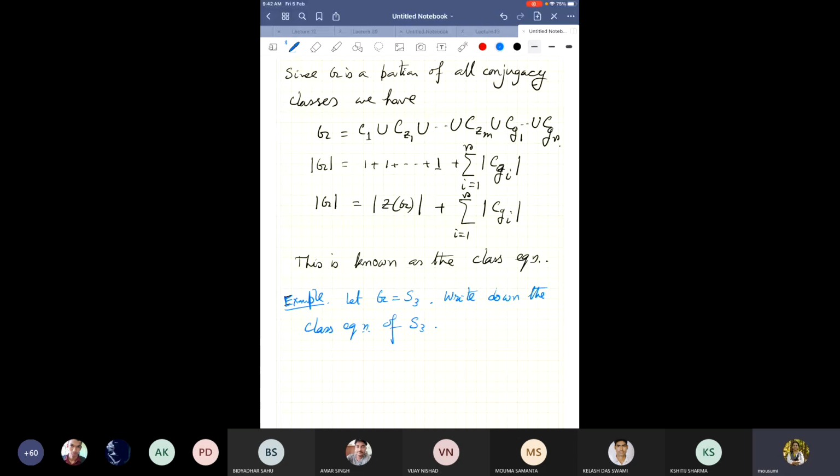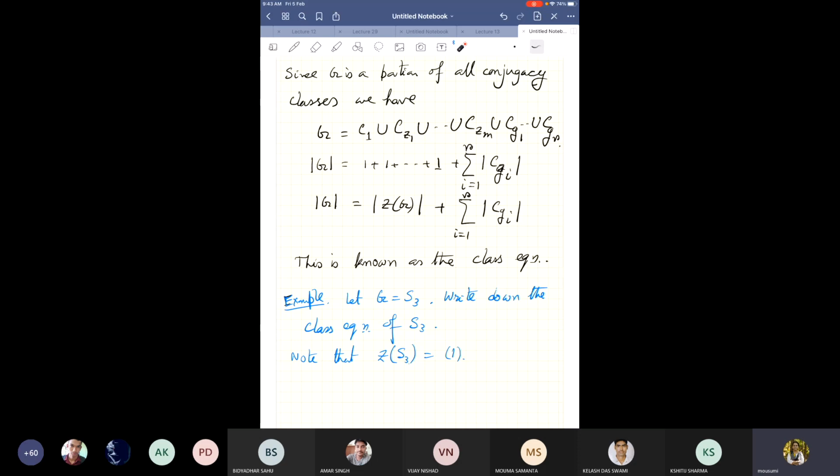First let us see what the center of S3 is. The center of S3 is only the identity permutation. So the cardinality of the center is 1, and corresponding to this term I will just get 1. Now I need to find out the remaining.